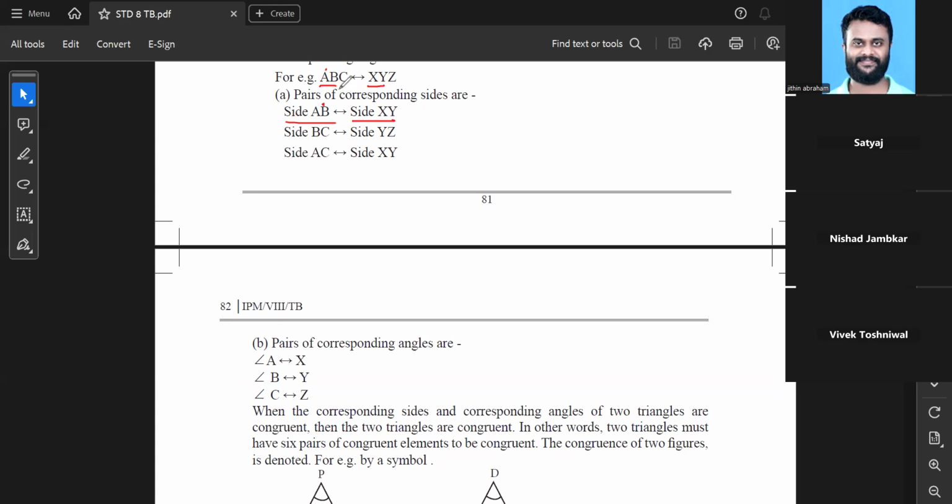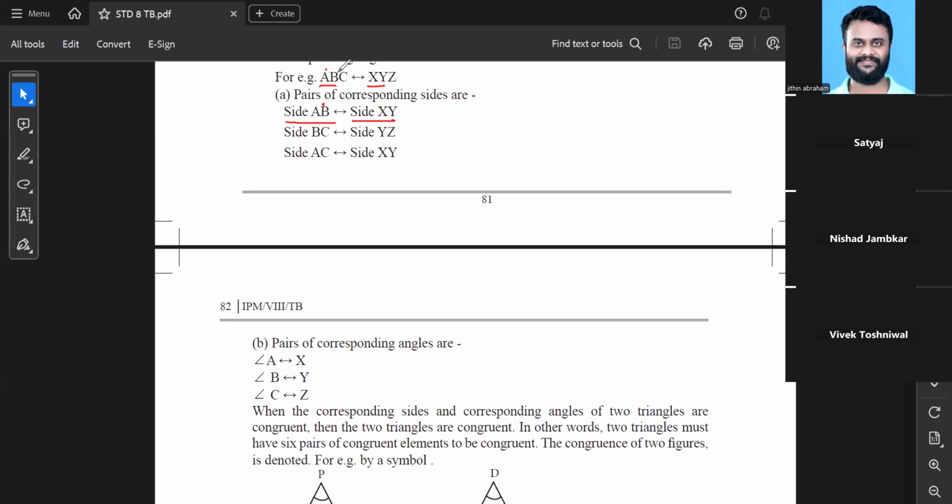So position is very important. In order to form a side, you need two letters or two vertices. When you join the first two vertices, you get one side. So here, if you are talking about the first two vertices, then on the other triangle's side also you have to talk about the first two vertices. You need to speak regarding the first two vertices only.